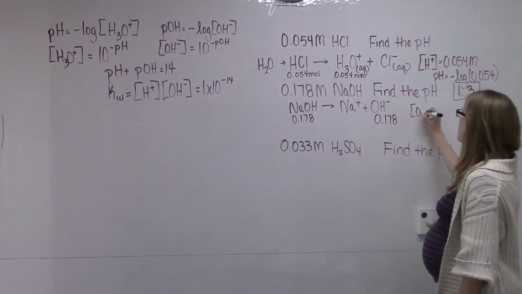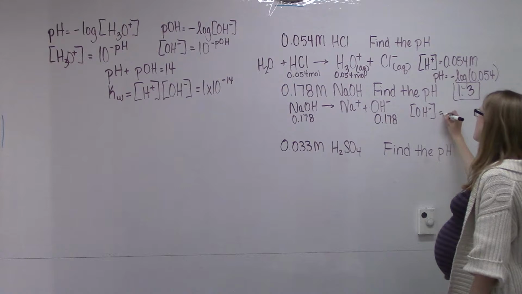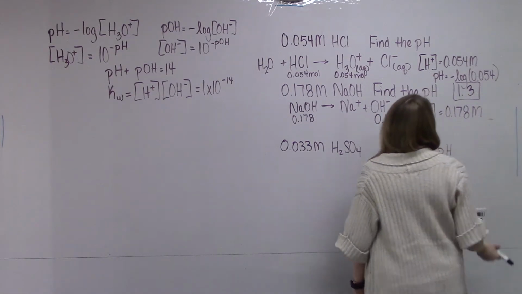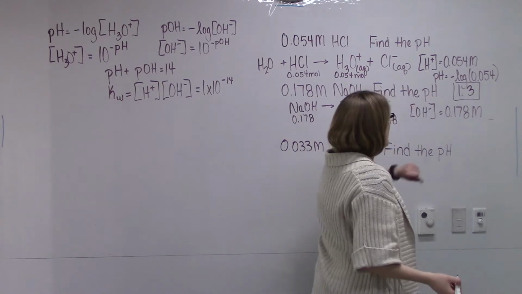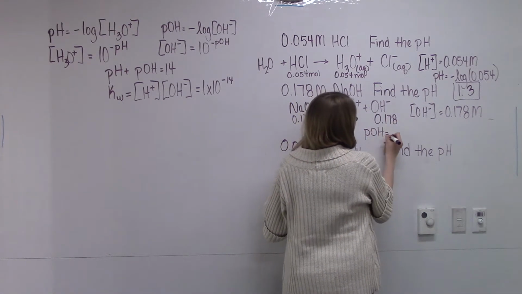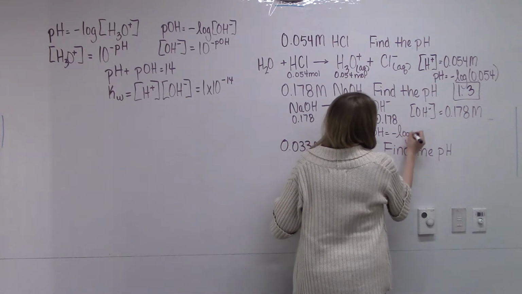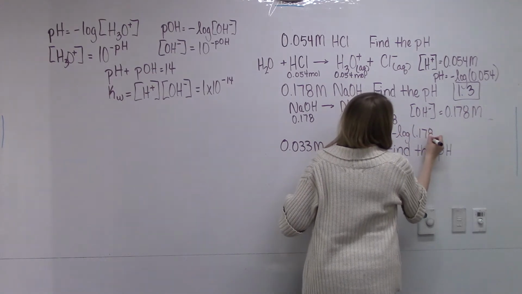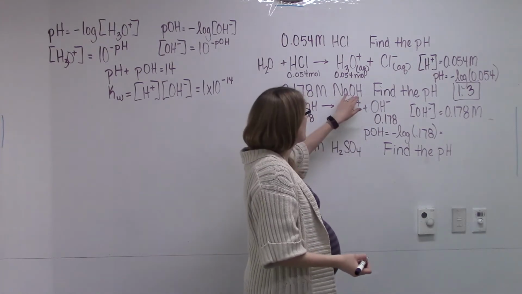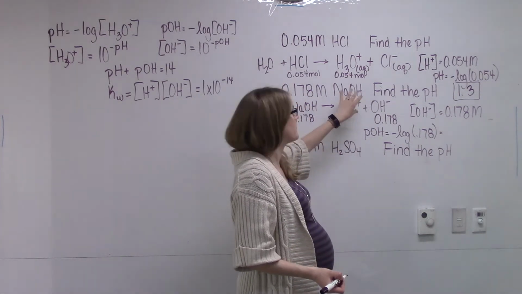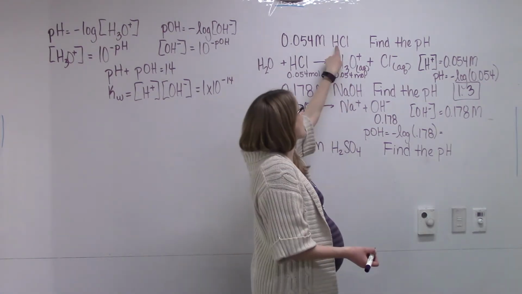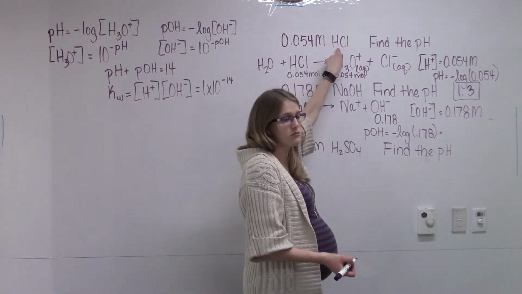So the concentration of OH minus equals 0.178 molar. So in order to find the pH, we're going to first have to find the pOH equals the negative log of 0.178. That's going to be our pOH. How do I know that? Look at that OH right there. If it's a base, it's going to be our concentration of OH minus. If it's an acid, it's going to be our concentration of H plus.